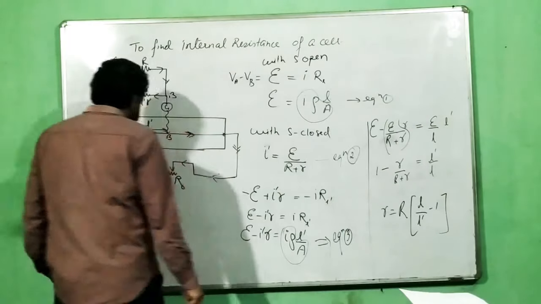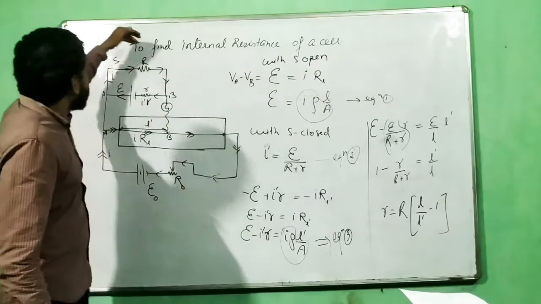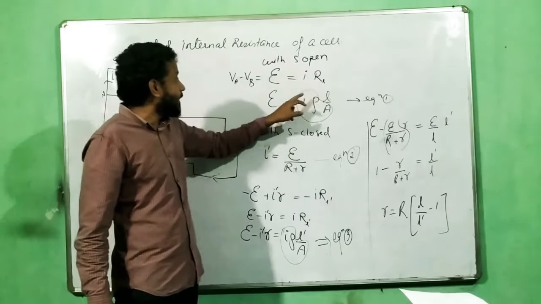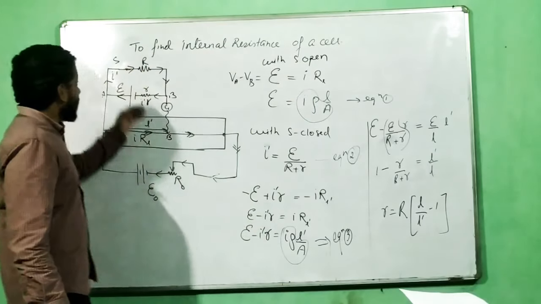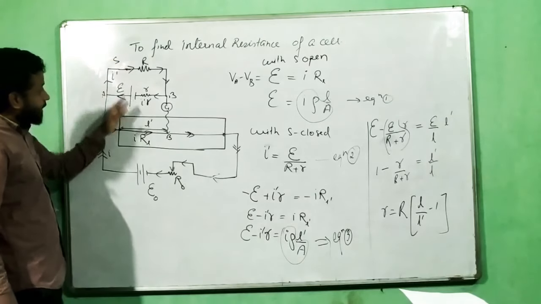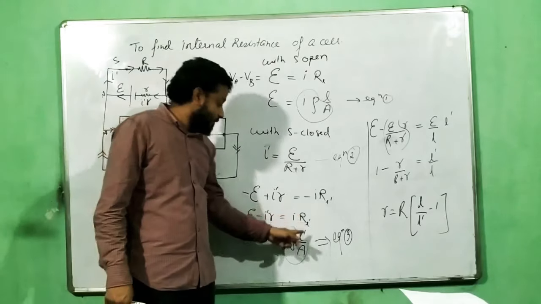What was L? L was the balancing length when the switch was open, which was balancing our EMF of E. When I switch on this circuit, the balancing length becomes L dash. And what was the role of L dash?